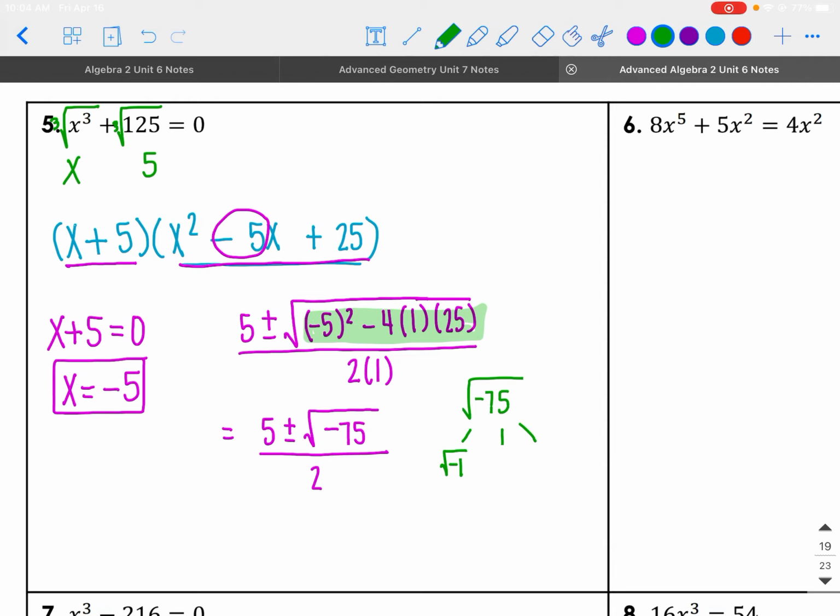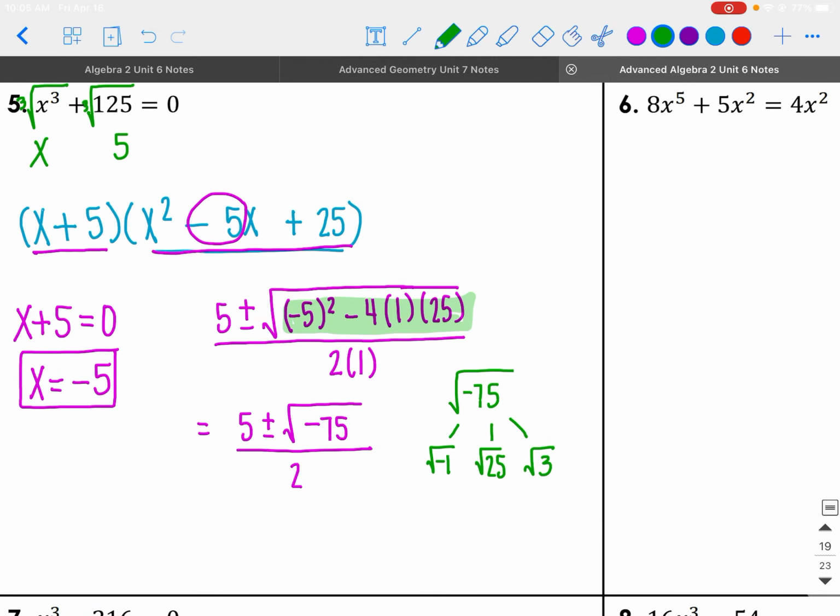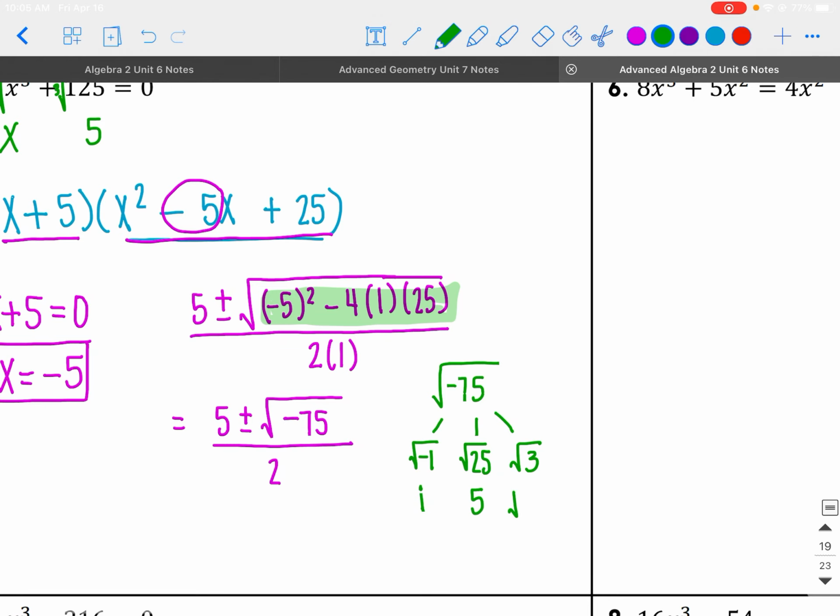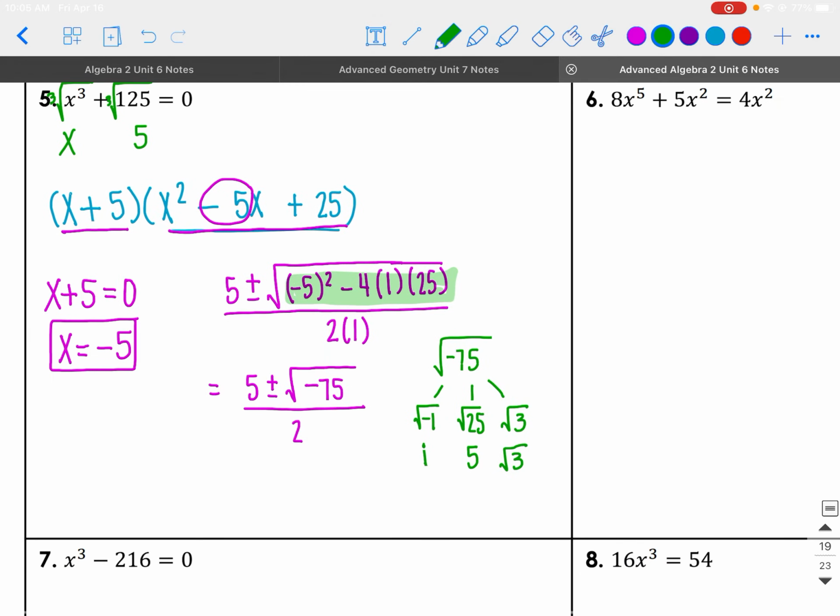The -1 comes out, and then you ask yourself, what is the largest perfect square that goes into 75? And that number is 25. 25 and 3. So this turns into i. This turns into 5. This doesn't turn into anything. So we get 5 plus or minus 5i radical 3 over 2.